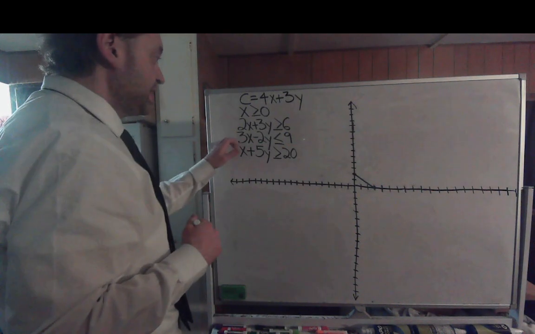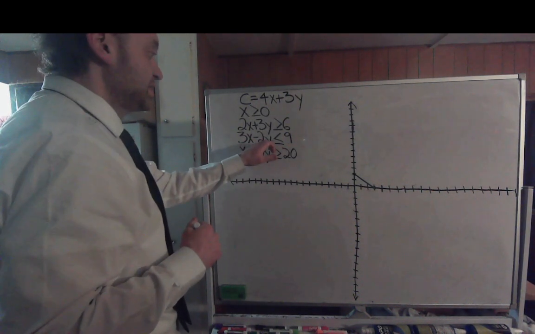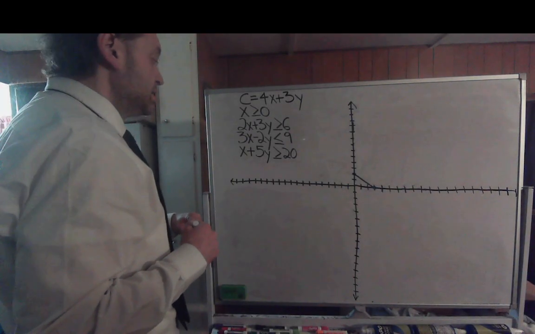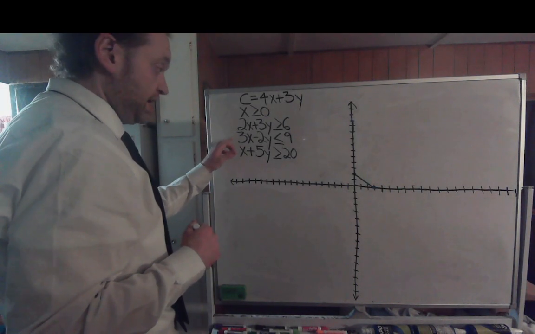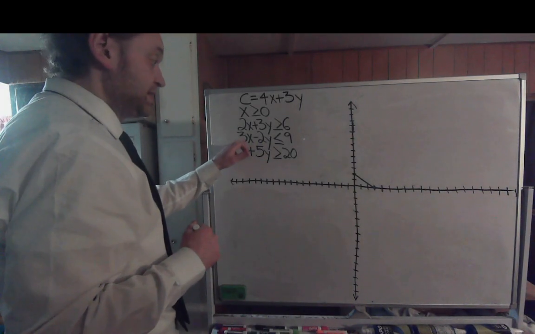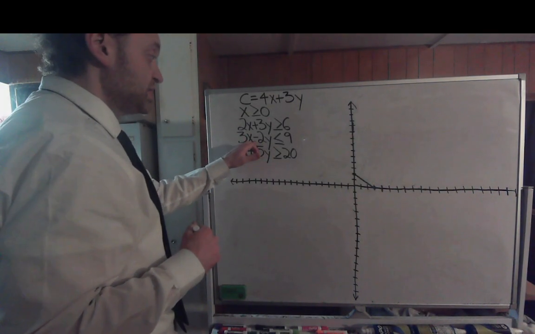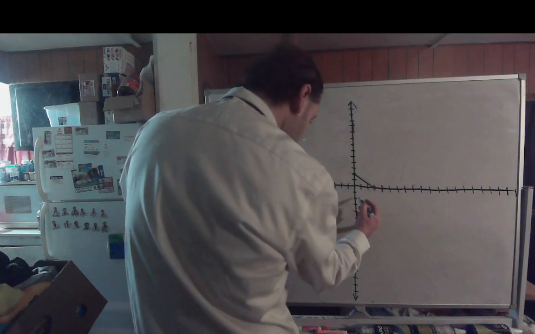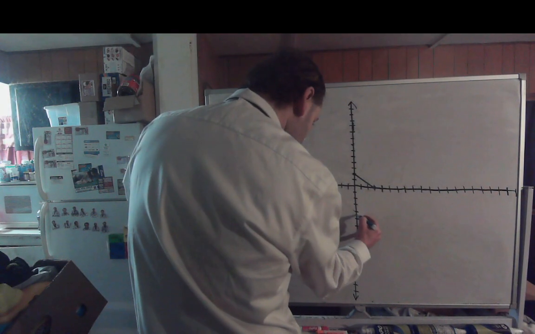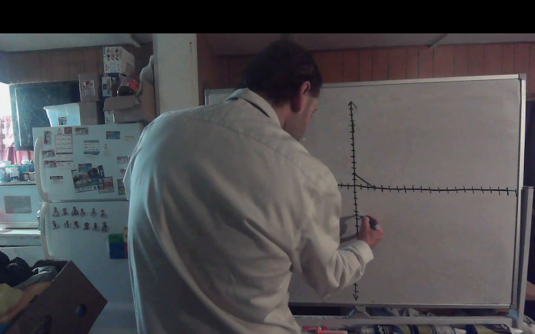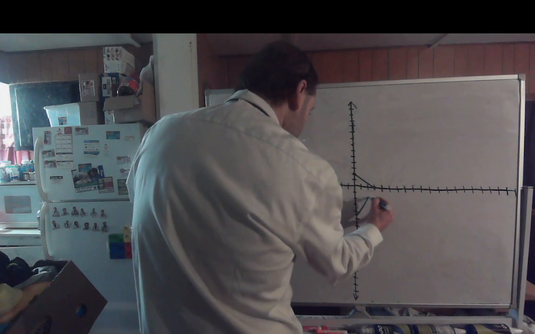Then we have 3x minus 2y is less than or equal to 9. So the x-intercept would again be at 3, 0, but your y-intercept would end up being at negative 4.5. So that's going to give you this region here.